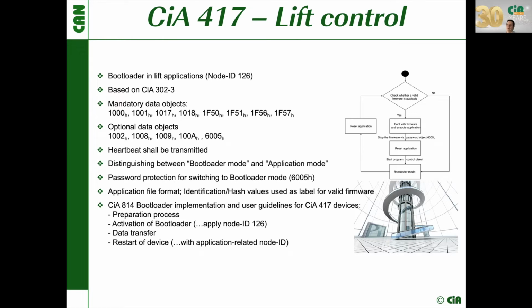So we differentiate between a bootloader mode and an application mode. The trade-off is I cannot update the firmware of several devices at the same time, only one after the other, as the device has to be in the bootloader with node ID 126. We have to support the heartbeat so that I see, is there a device in the bootloader mode?